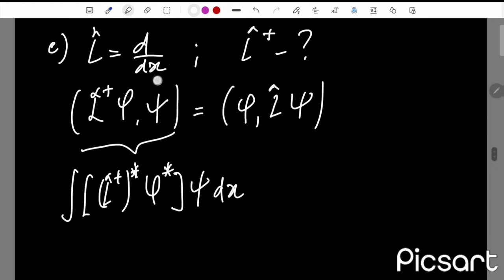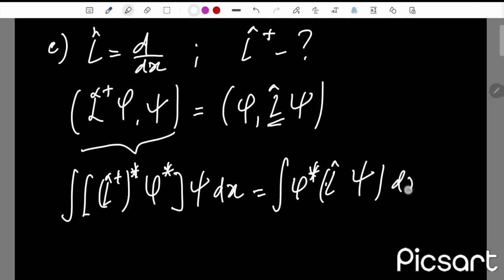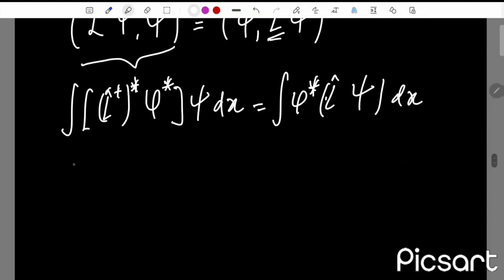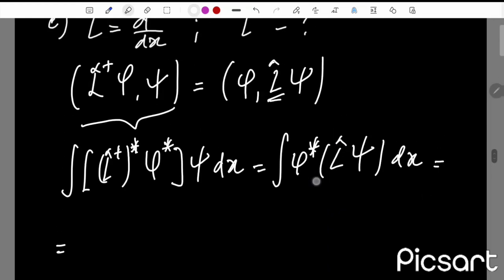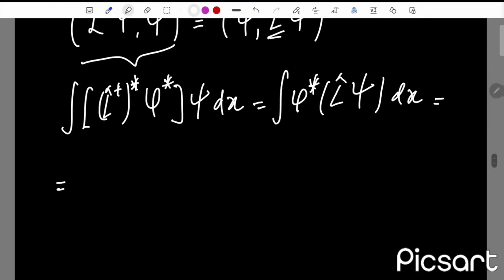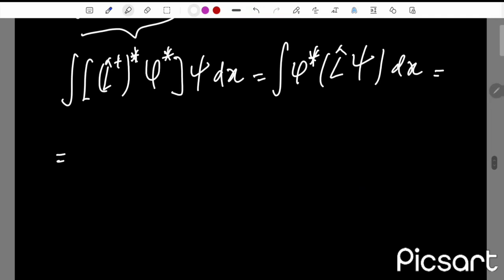Here we are taking the derivative with respect to x, and we have for this term has equal to phi complex conjugate L. Okay, I will write now here L acting on psi d of x, and now we know that L is the first derivative in function of x.